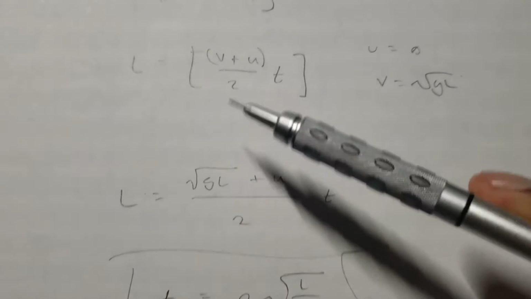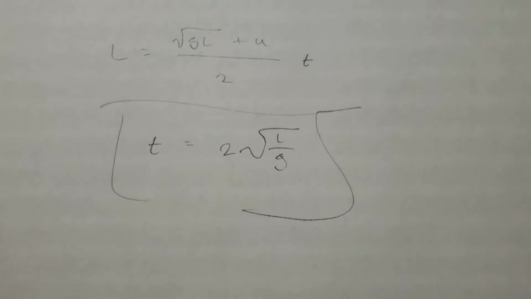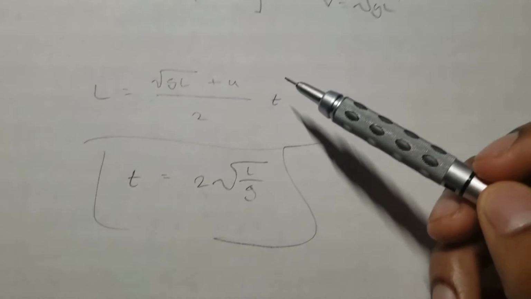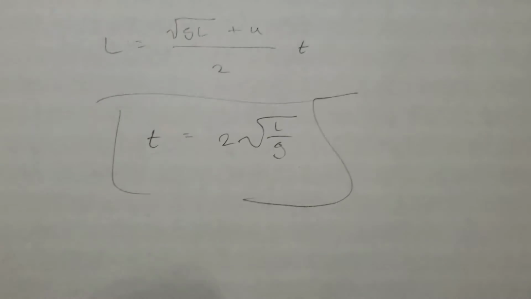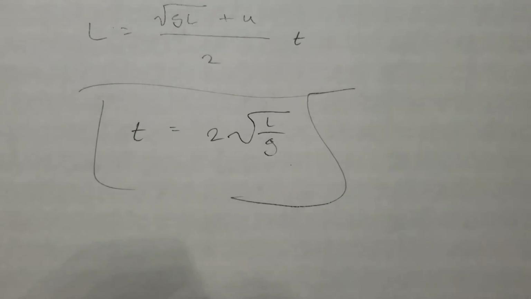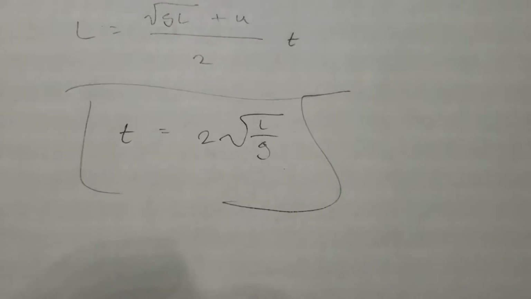So we can substitute that in for v in v plus u over 2 times t. In this case, u is 0. So this is effectively the answer, but just to simplify further, you get t is equal to 2 times the square root of L over g, which is what the question was asking.